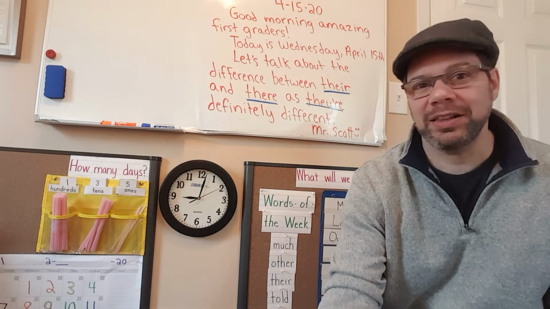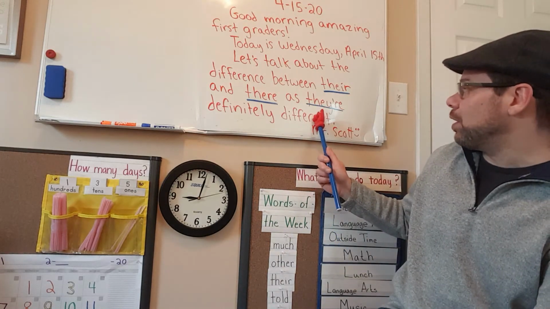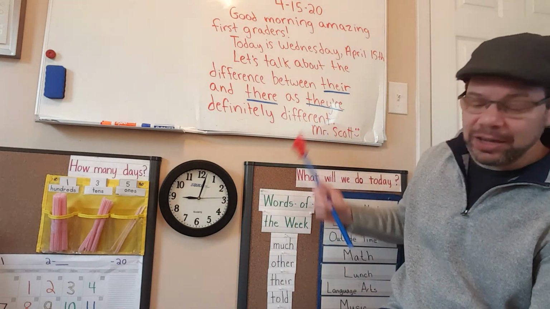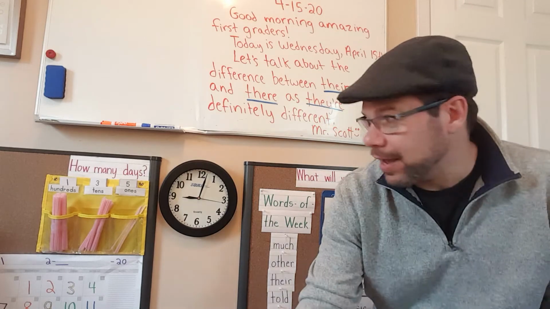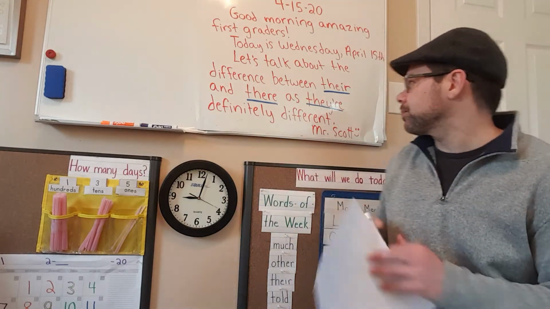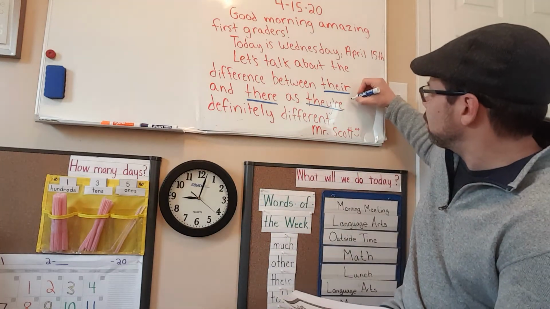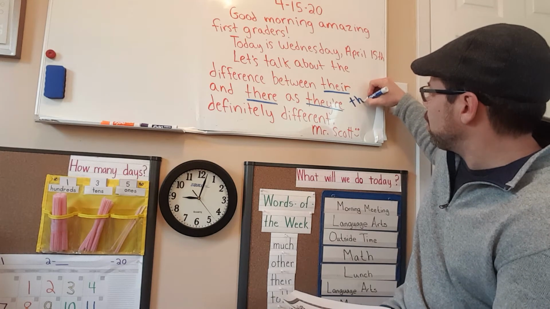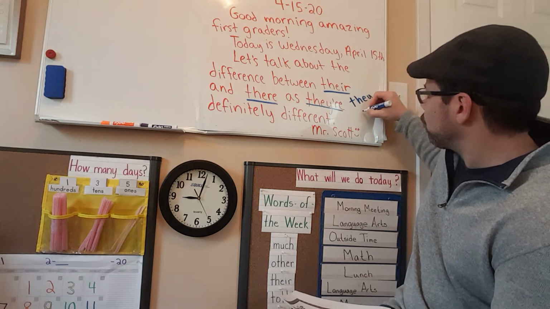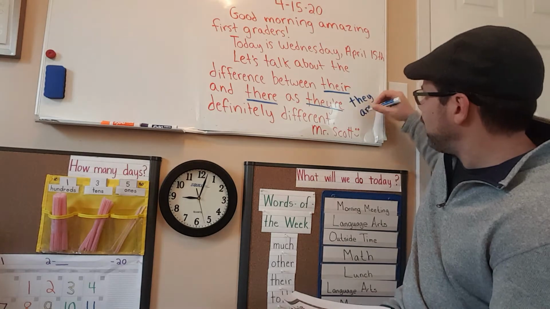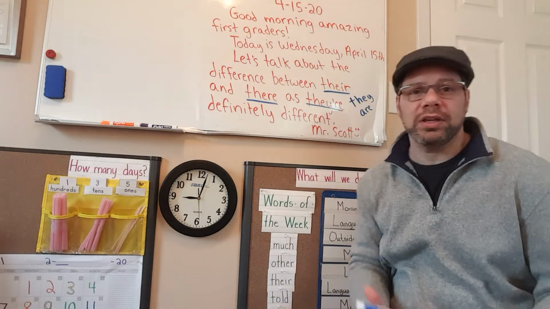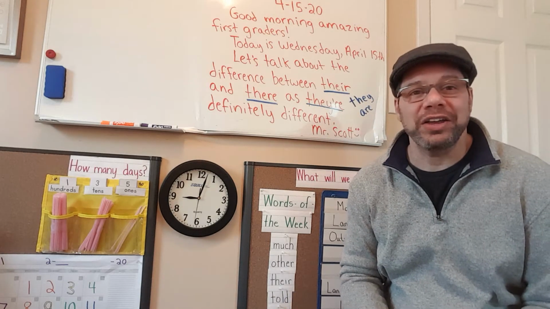And finally, the last one is this one, which is actually a contraction for they are. We've talked about contractions. It's a way to take two words that are commonly used together and shorten them.